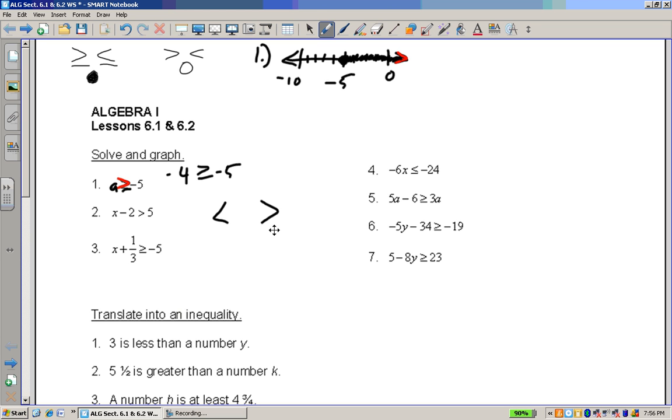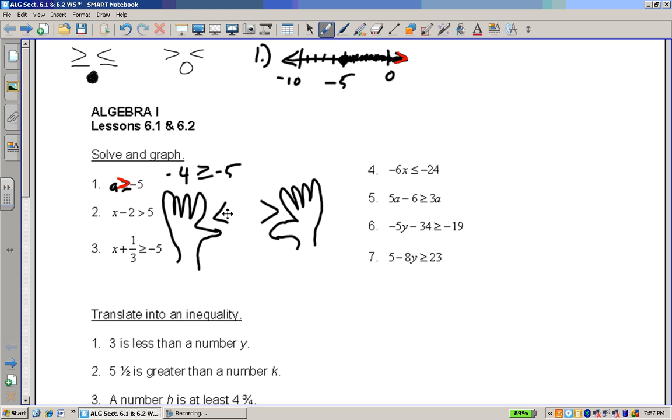And if you put your hands up, your left hand matches this symbol. So on the number line, it's to the left. Your right hand matches this symbol, which is greater than.